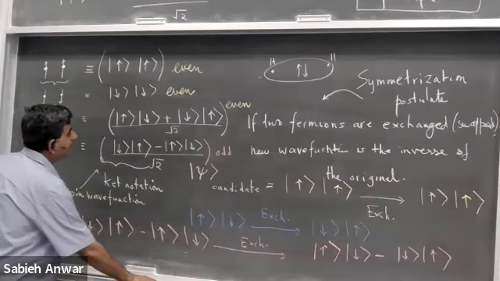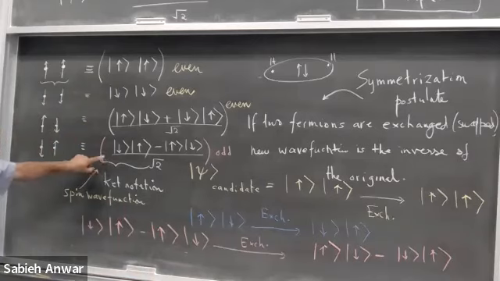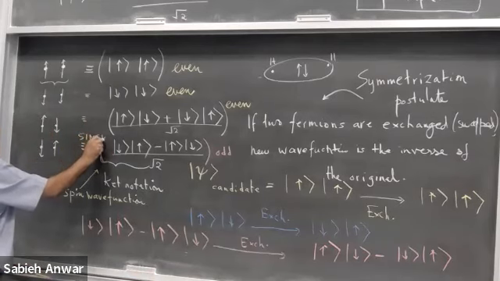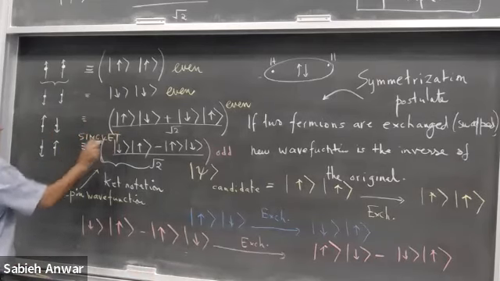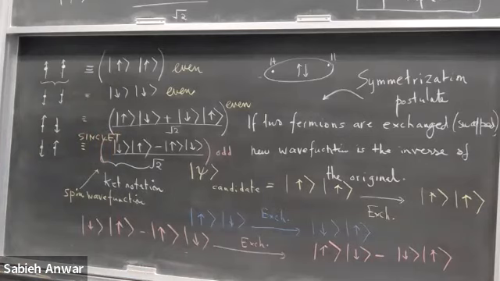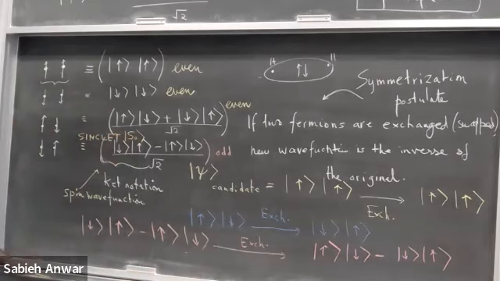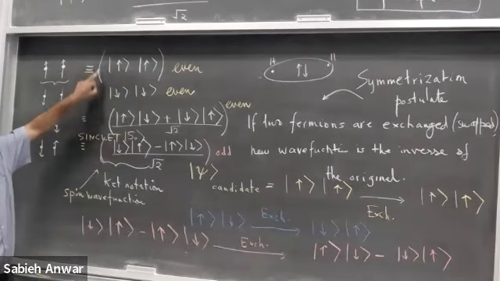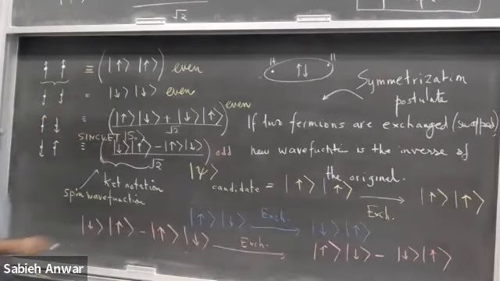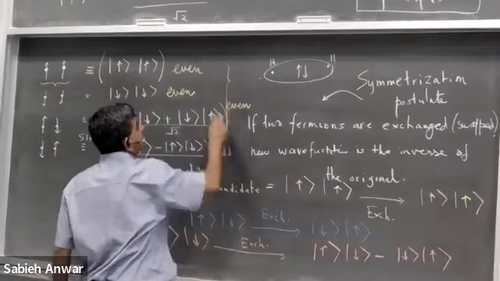Now, this odd wave function is called a singlet wave function, denoted by ket S naught. And these three kinds of wave functions are called triplets.